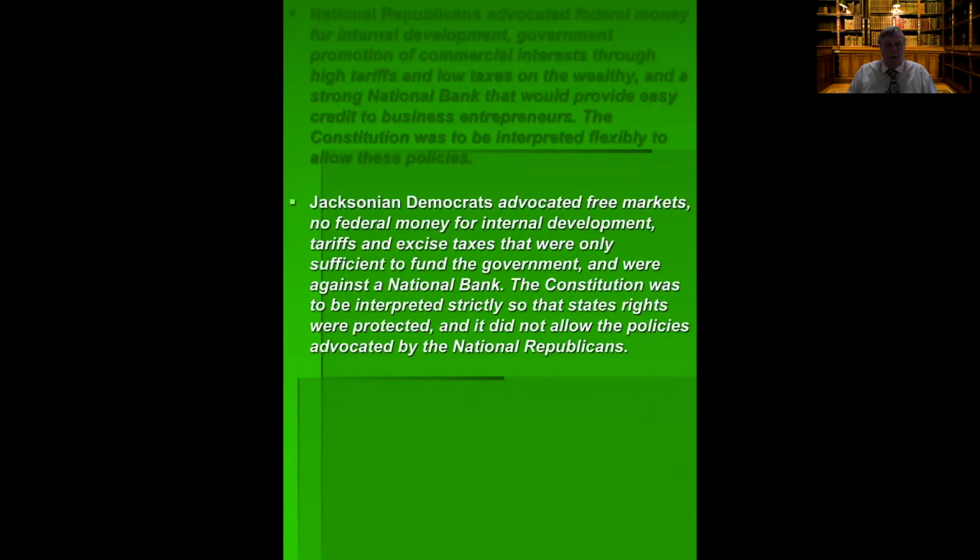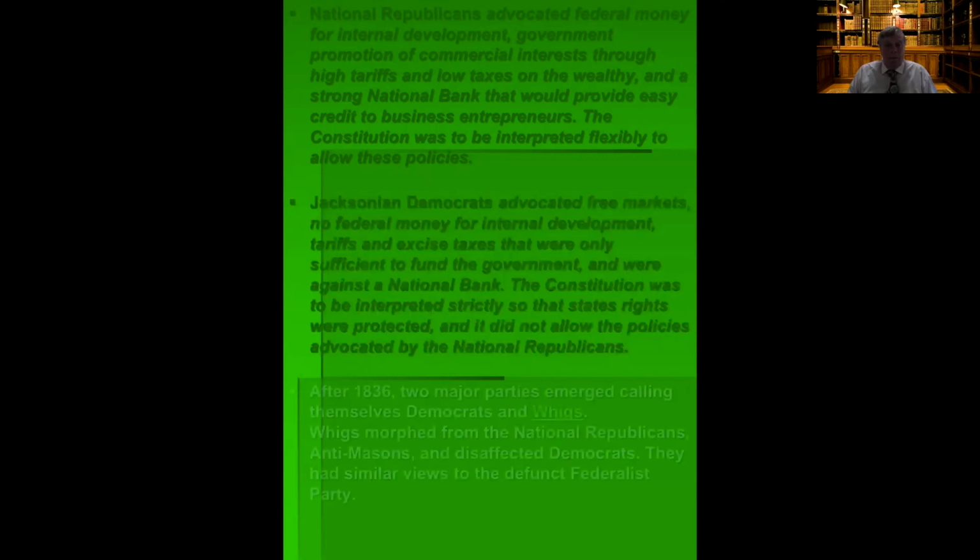Jacksonian Democrats advocated free markets, no federal money for internal development, tariffs and excise taxes that were only sufficient to fund the government, and were against a national bank. The Constitution was to be interpreted very strictly so that states' rights were protected, and it did not allow the policies advocated by National Republicans.